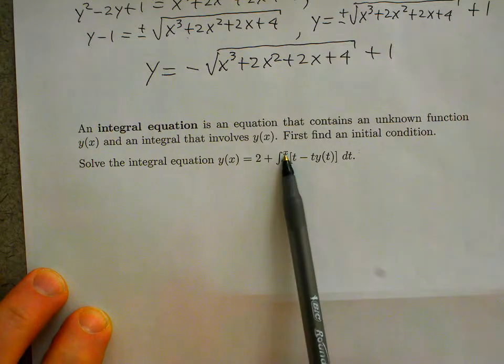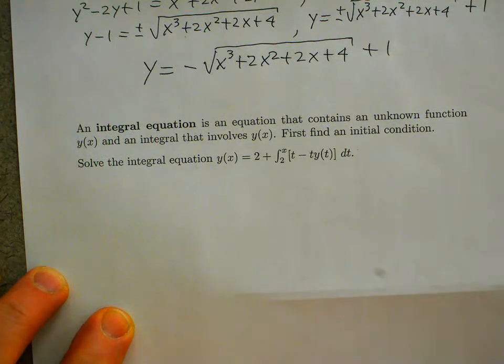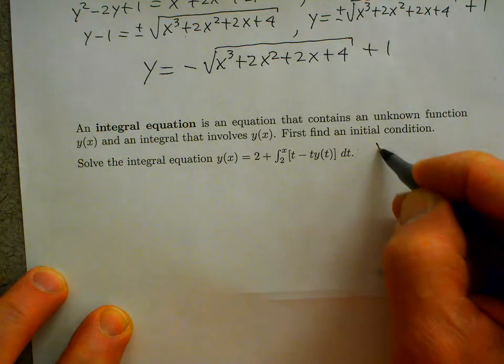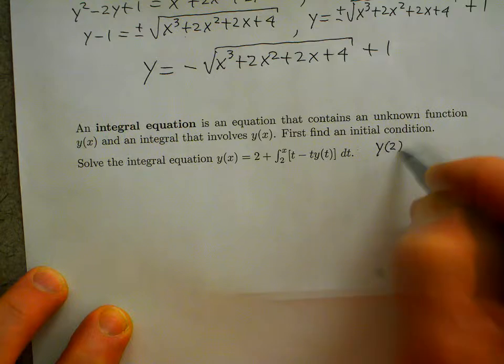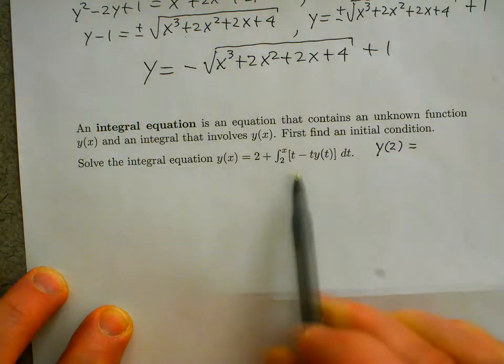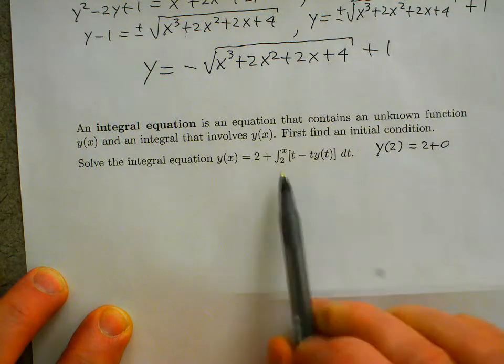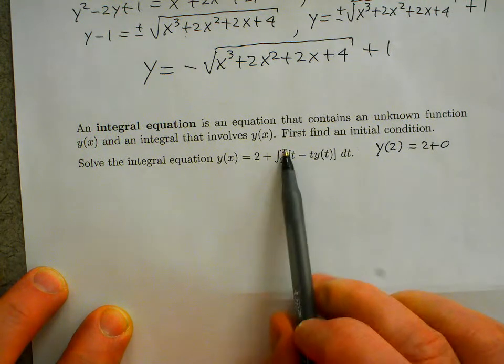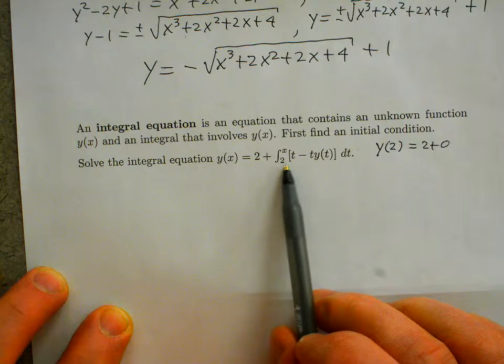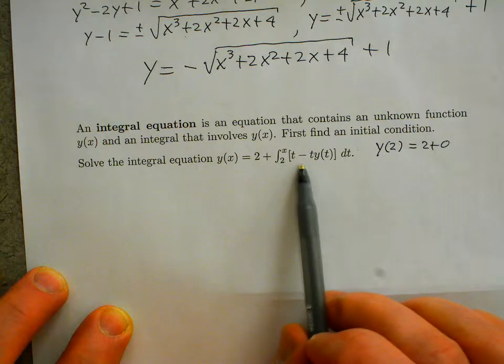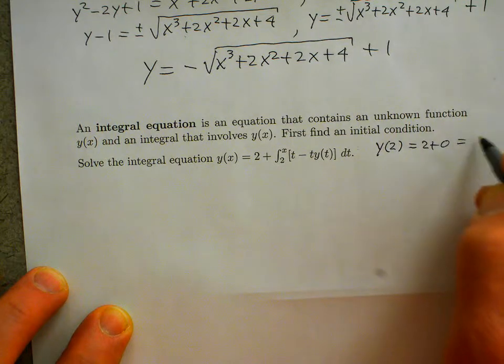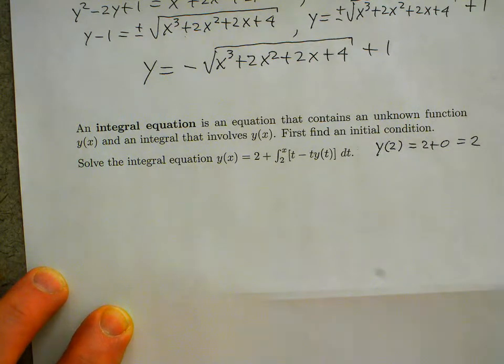If we just pick x to be 2, so y of 2 is equal to 2 plus 0, because if the lower and upper limits of a definite integral are the same, the integral is 0. So our initial condition is y of 2 equals 2.